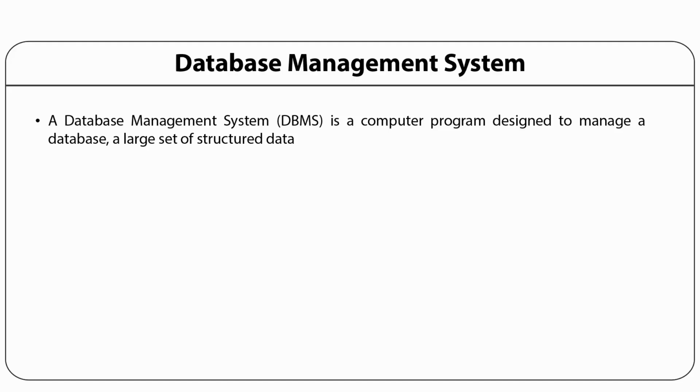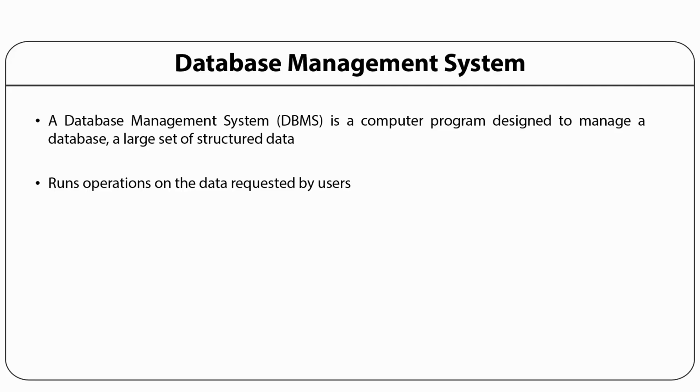What actually it does is, it stores your information in a structured format so that you can easily read and retrieve your data from a database management system. It runs several operations which a user requests, like manipulating the data, adding the data, deleting the data, or just browsing or reading the data from the database.